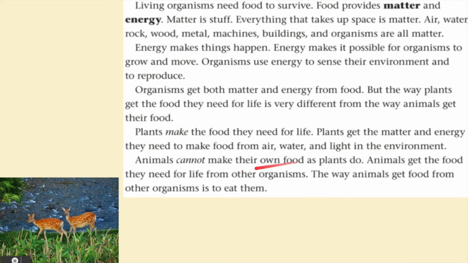Animals get the food they need for life from other organisms. The way animals get food from other organisms is to eat them. This is all a part of these ecosystems, how these plants, animals, and different organisms interact to have energy to survive.